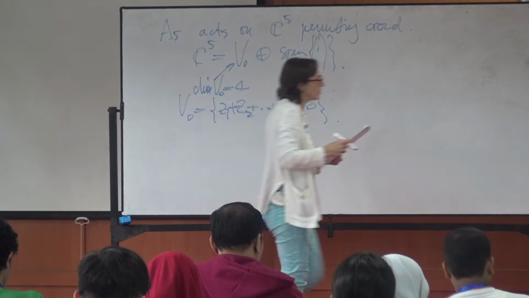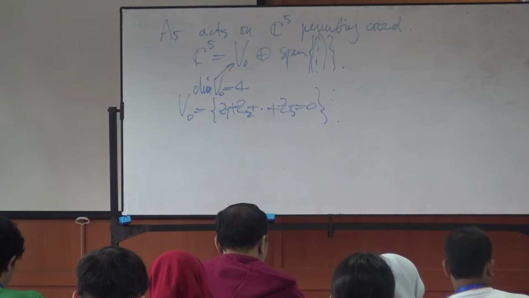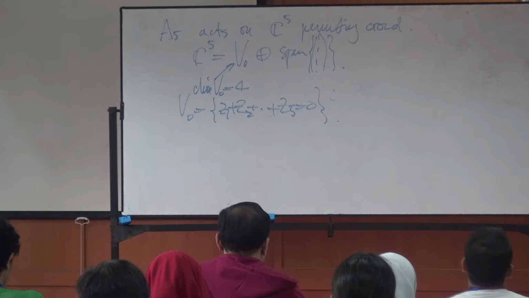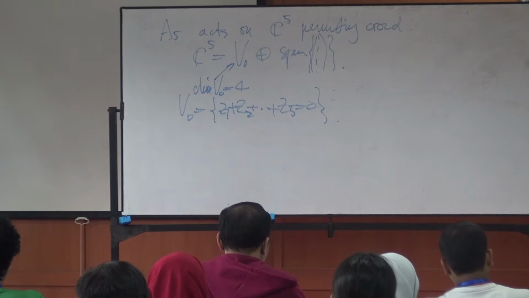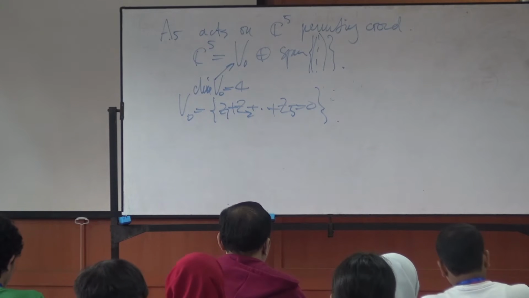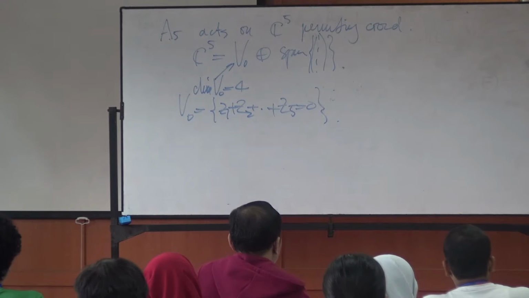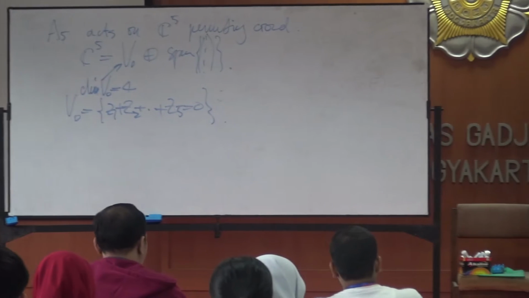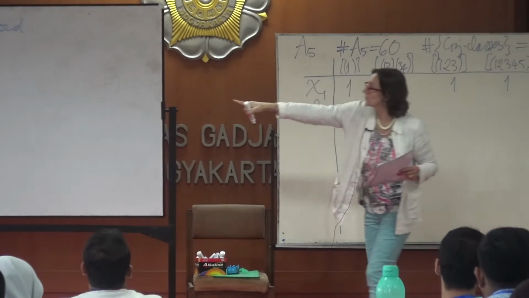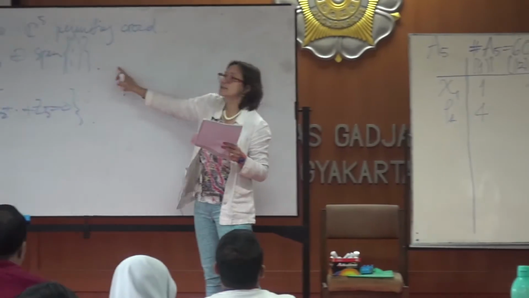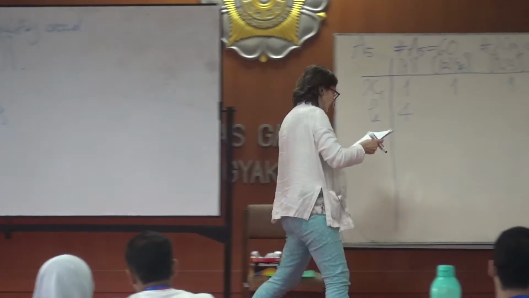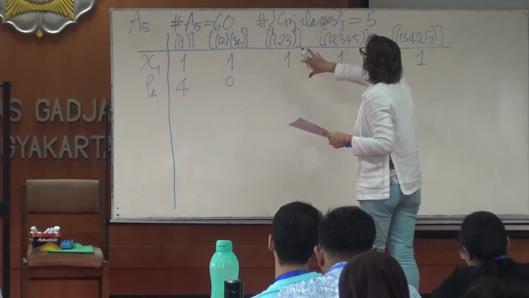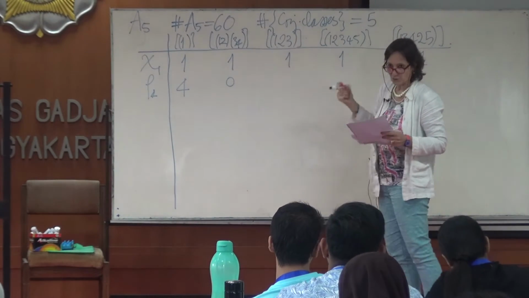So the character for this representation, which is called here rho 4, is 4. Here we have the dimension. Then on the 2 cycles, the trace of the matrix would be 1, but we have to remove the contribution from the trivial part, so it is 0. On the 3 cycles, it is 2 minus 1.